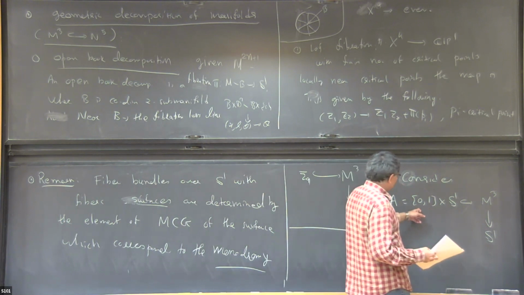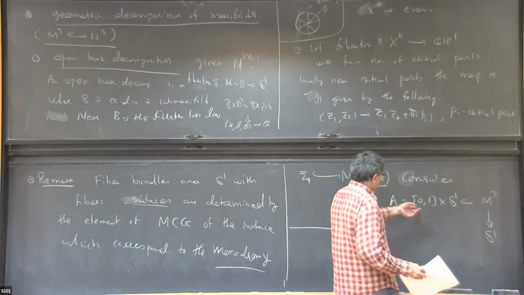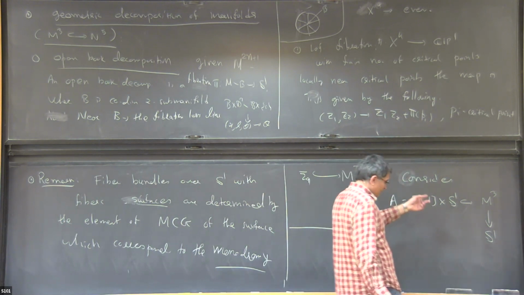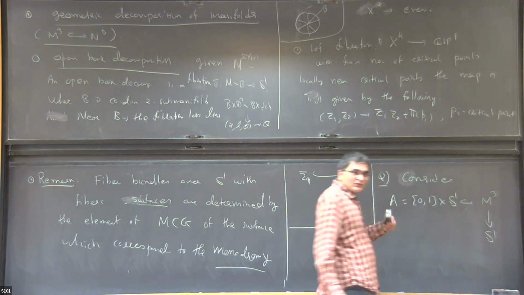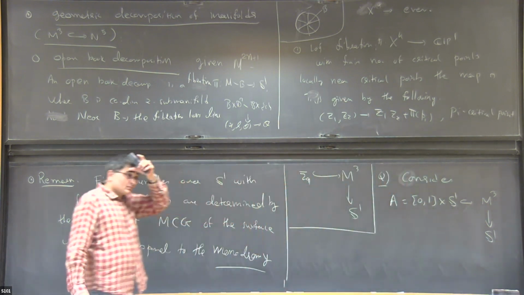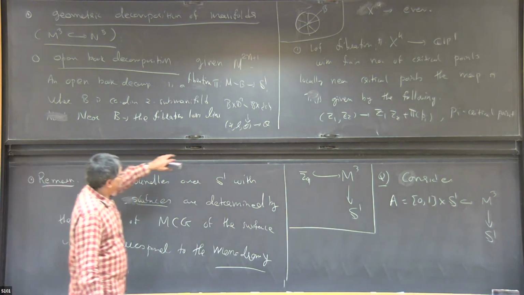You can check that they are determined by the mapping class group of this annulus A, which is generated by diffeomorphisms known as Dehn twists.